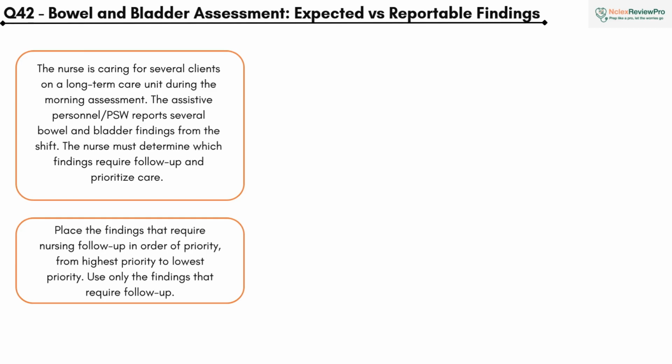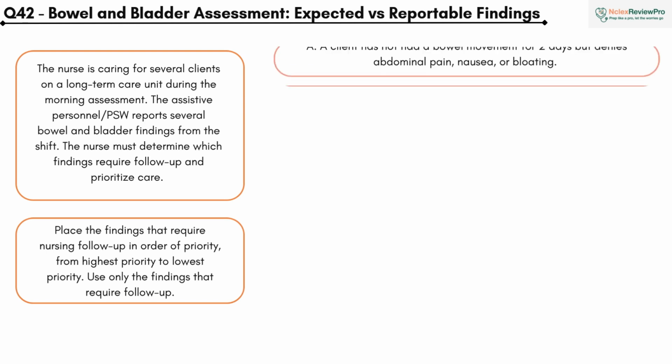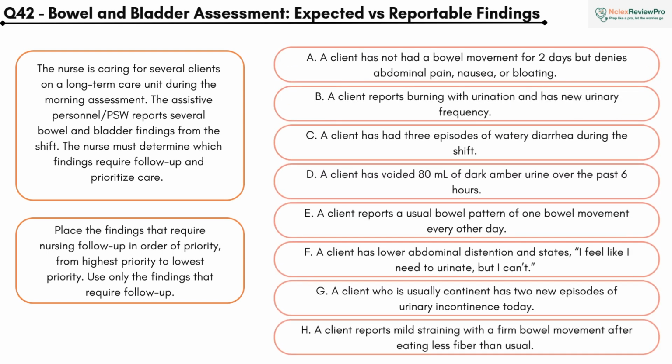And the question is asking, place the findings that require nursing follow-up in order of priority, from highest priority to lowest priority. Use only the findings that require follow-up. The findings are: Option A. A client has not had a bowel movement for 2 days, but denies abdominal pain, nausea, or bloating.